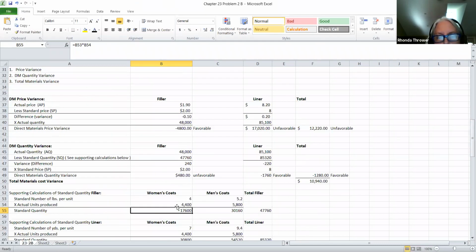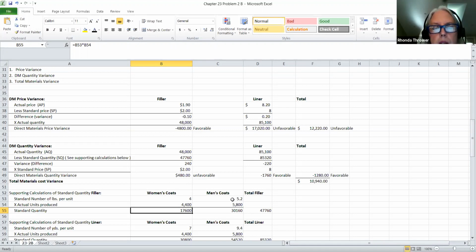Then you're going to multiply the actual units produced times the budgeted number of pounds of filler that it was going to take to produce 1 women's coat. So 4,400 times 4 gives you the standard quantity of filler that we need for the women's coats.